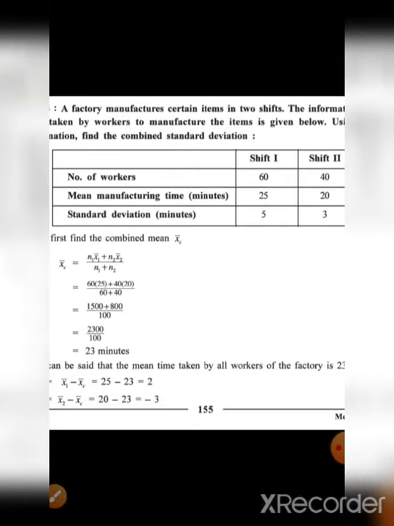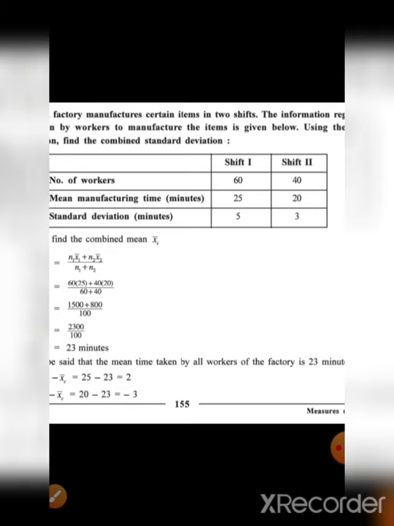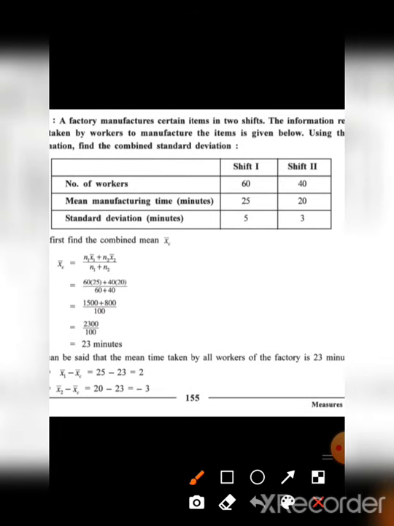Now as you see the table that has been given, both the shifts are given to you, that is shift 1 and shift 2. The number of workers is given. For shift 1 it would be n1, so your n1 is 60 and your n2 would be 40.